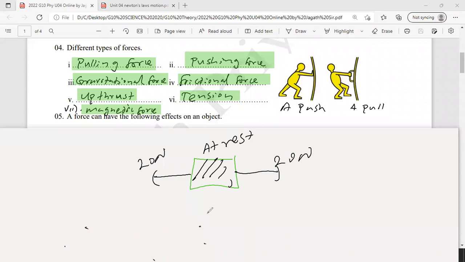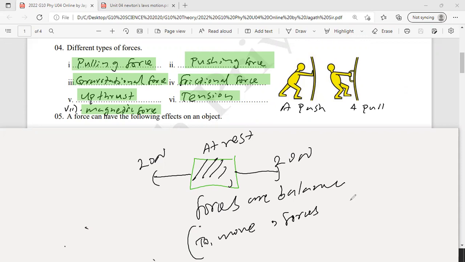If forces are balanced, then the object is at rest. Therefore, in order to move the object, forces must be what? Unbalanced. It's very, very important.